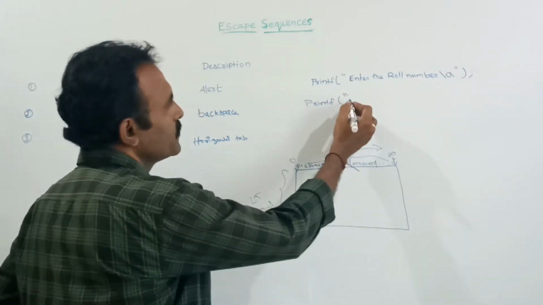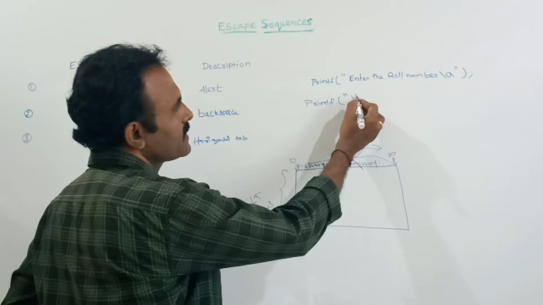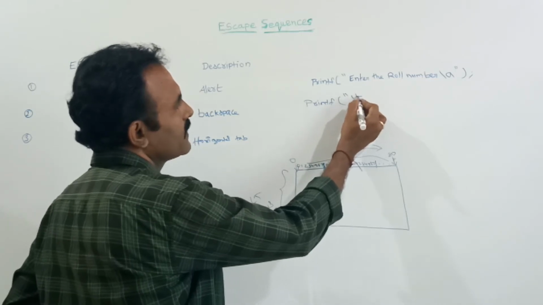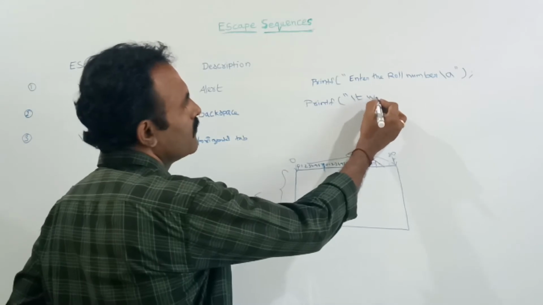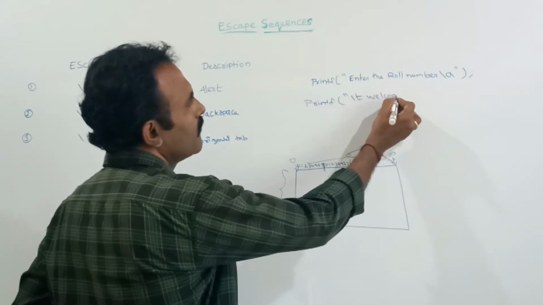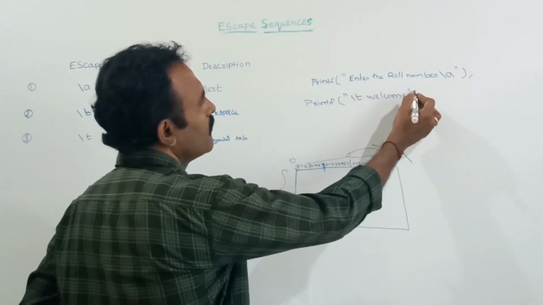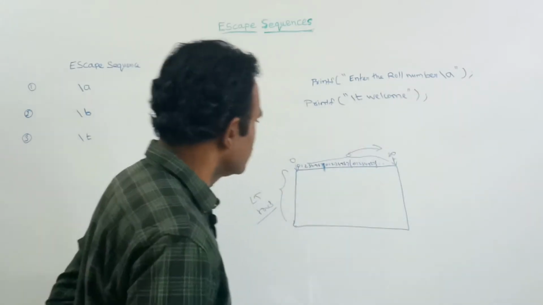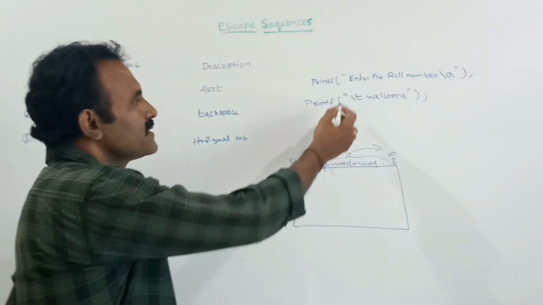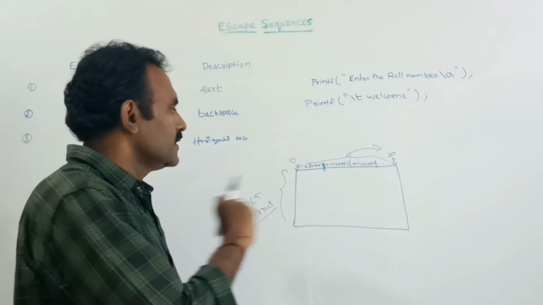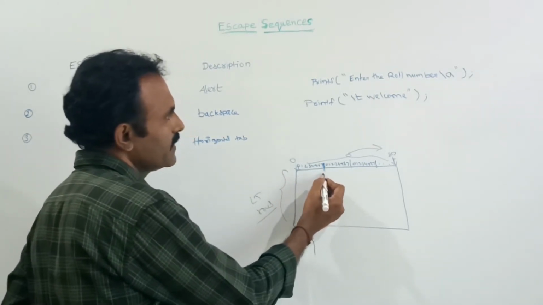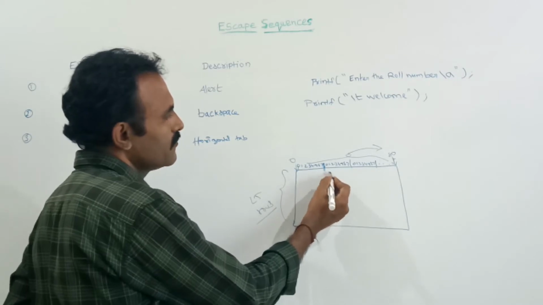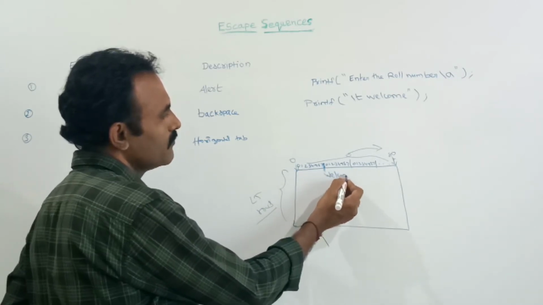Suppose I am printing a message with printf. Here I am using slash t at the very first, after that I am telling it to print welcome. For slash t it leaves 8 spaces, so after the 8th position it will print welcome.